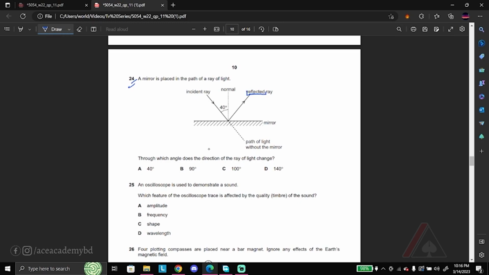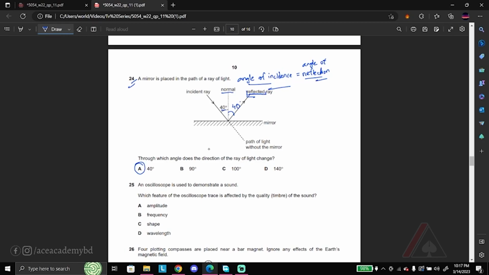Now if we recall, for reflection of waves, the angle of incidence is always equal to the angle of reflection. So this means if this is 40 degrees, then the angle of reflection, the angle between the normal and the reflected ray, will be 40 as well. So A is the correct answer.